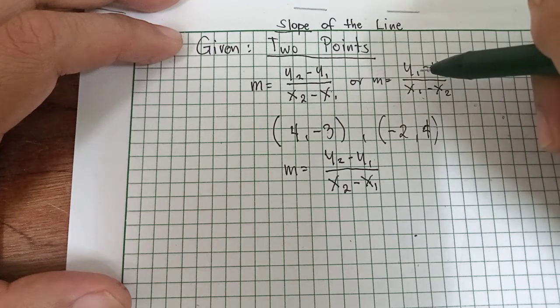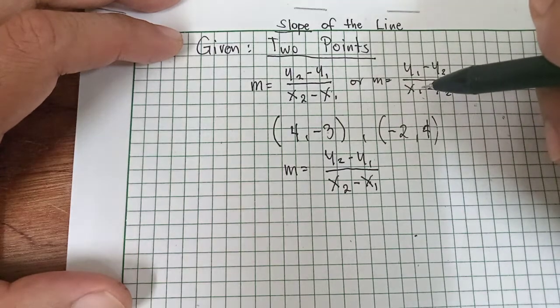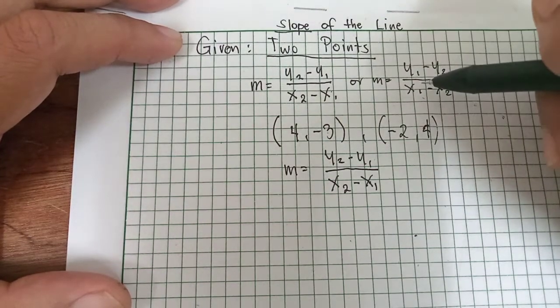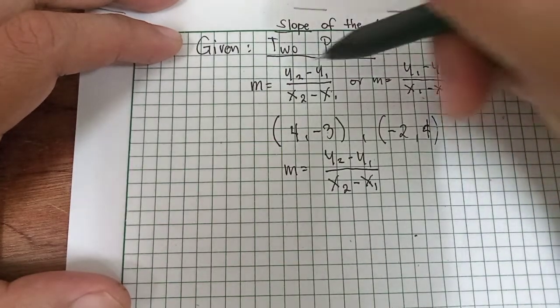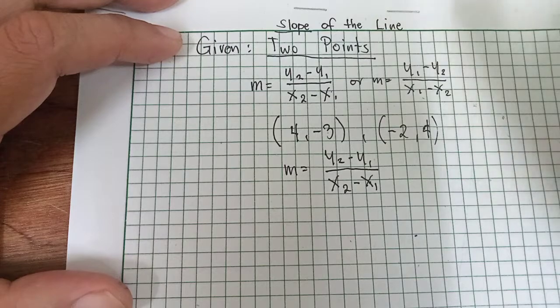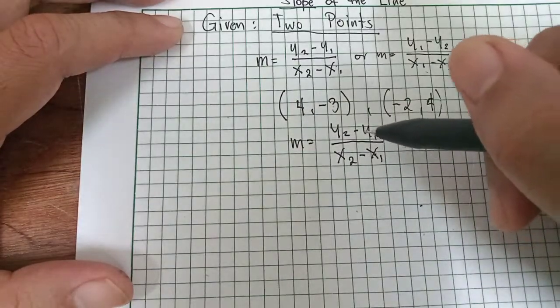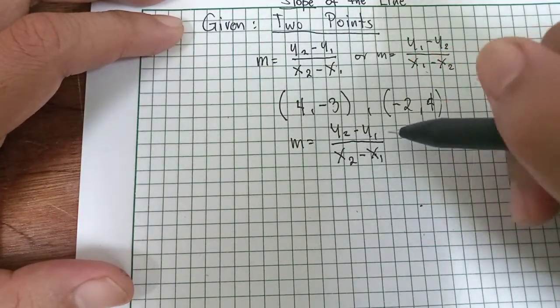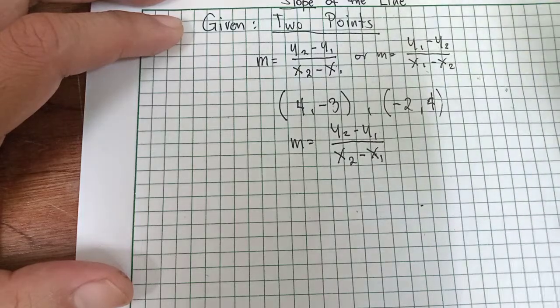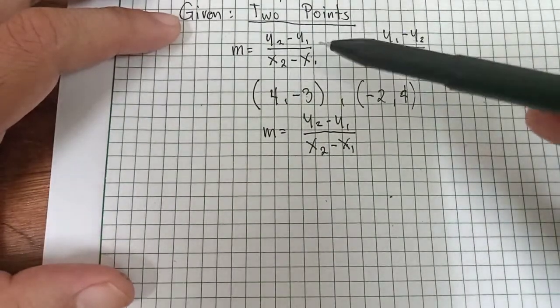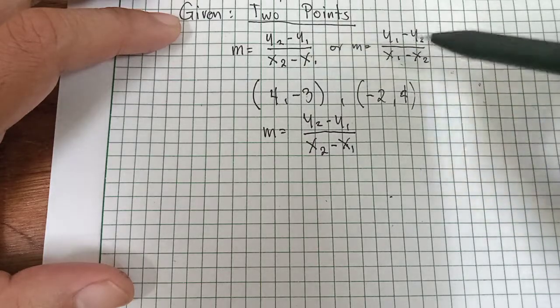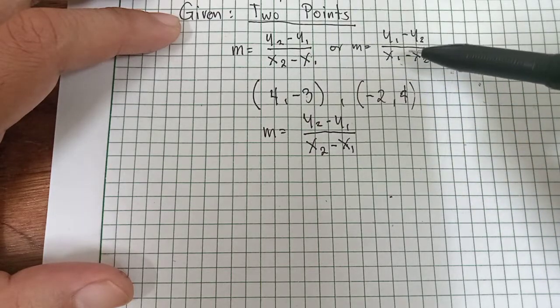If we're going to use y sub 1 first, make sure that it is also over x sub 1. It can be 1, 2, 1, 2, or you can have it 2, 1, 2, 1. Since our formula is y sub 2 minus y sub 1 over x sub 2 minus x sub 1, anyways, I am going to show you in comparison. If you use either this one or this one, it will come up with the same answer.